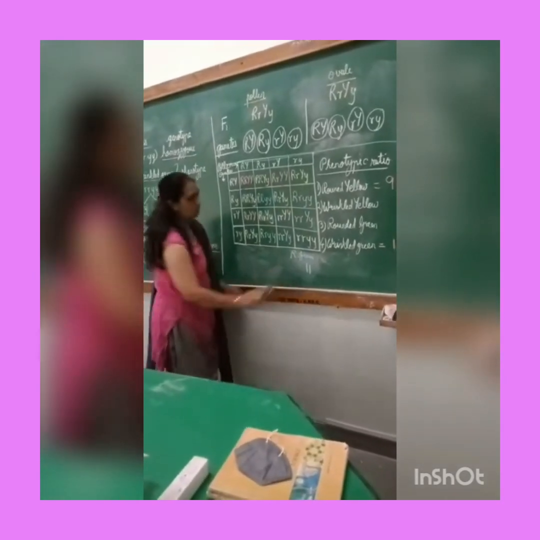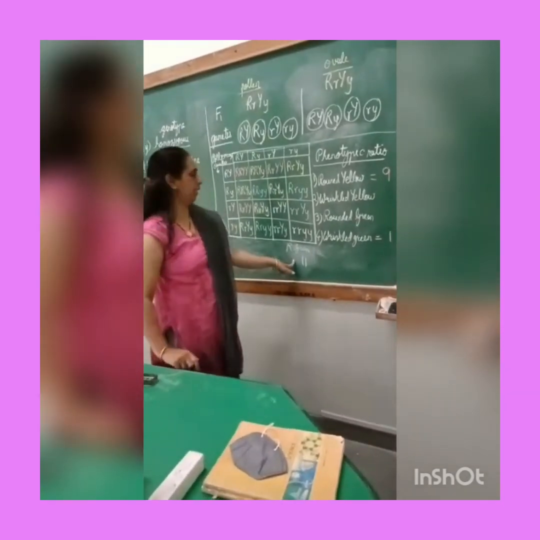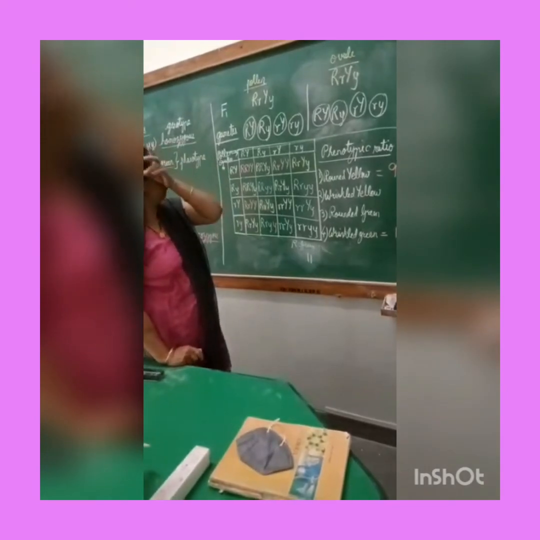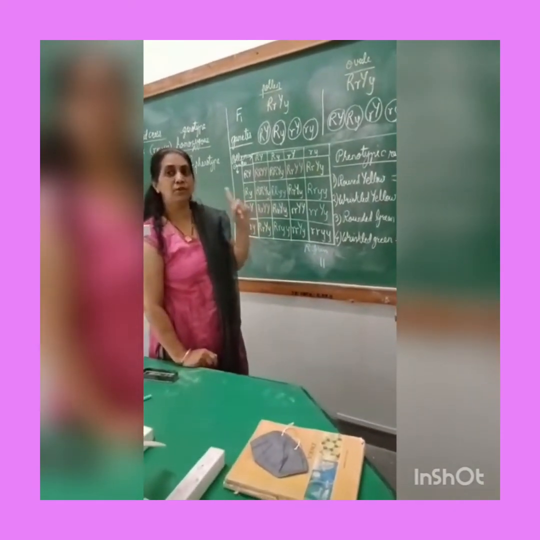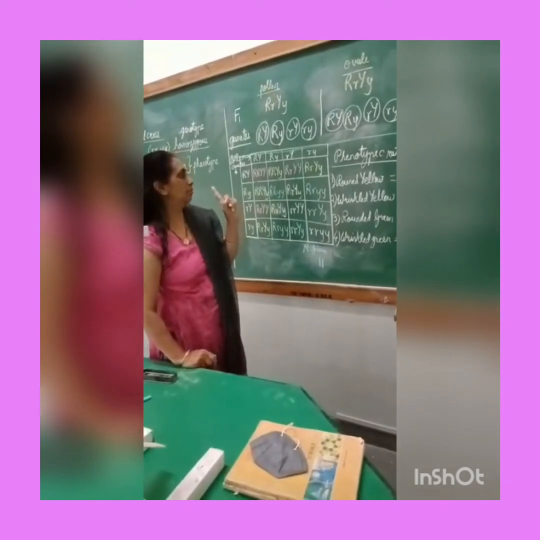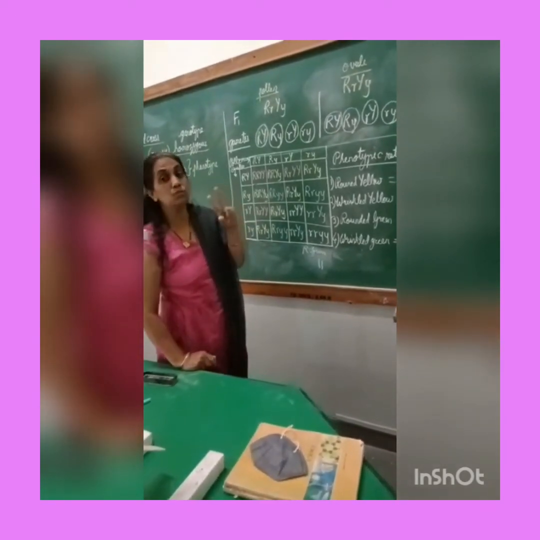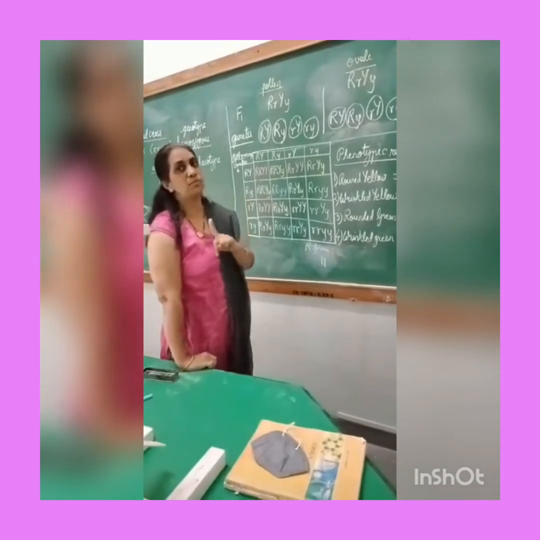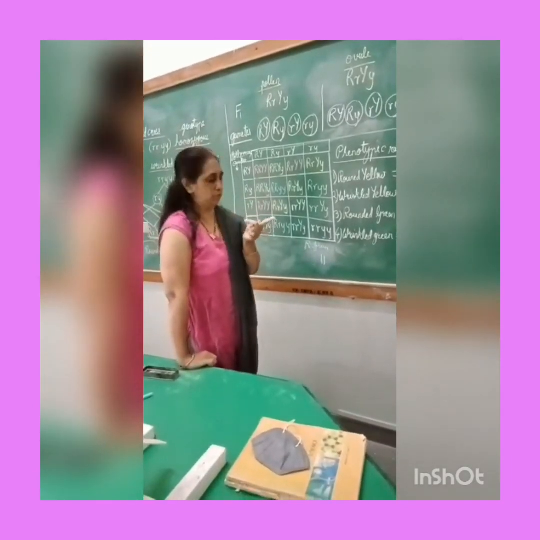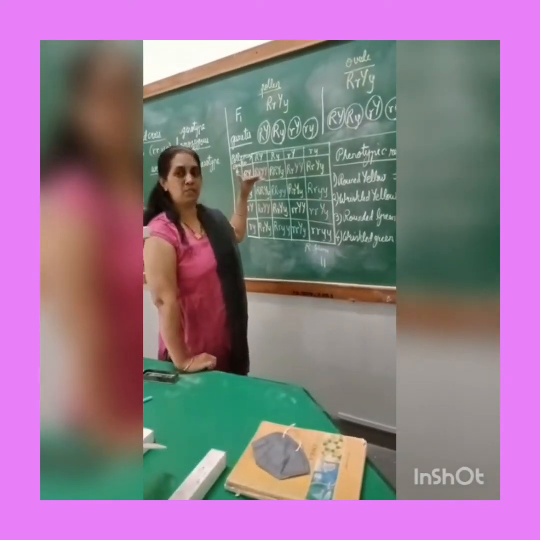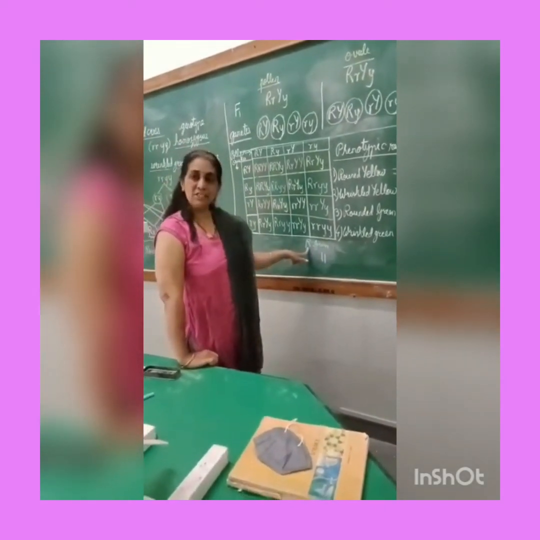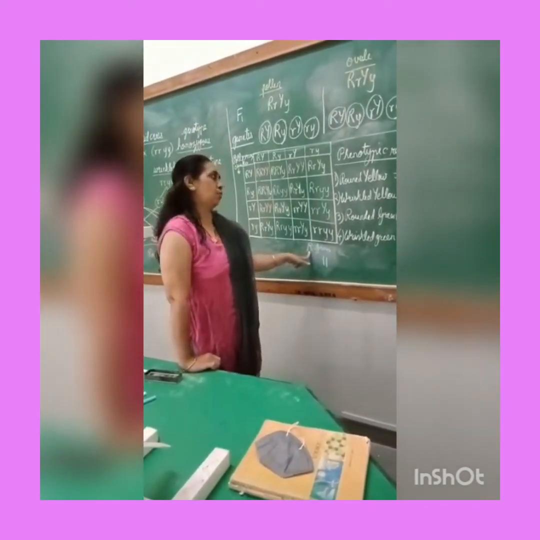Second combination, rounded and green. Let us see. Rounded means you should have at least one capital R, and you should have two small y. If you have one capital Y, then it will become yellow. So for rounded and green, we have to look for the combinations which have at least one capital R and two small y.